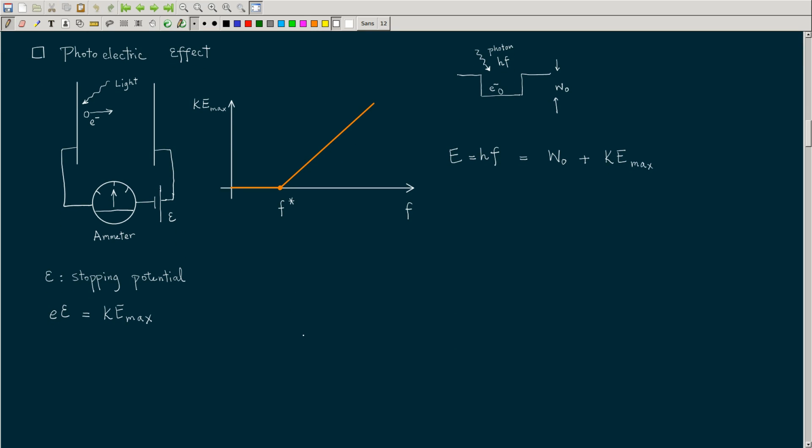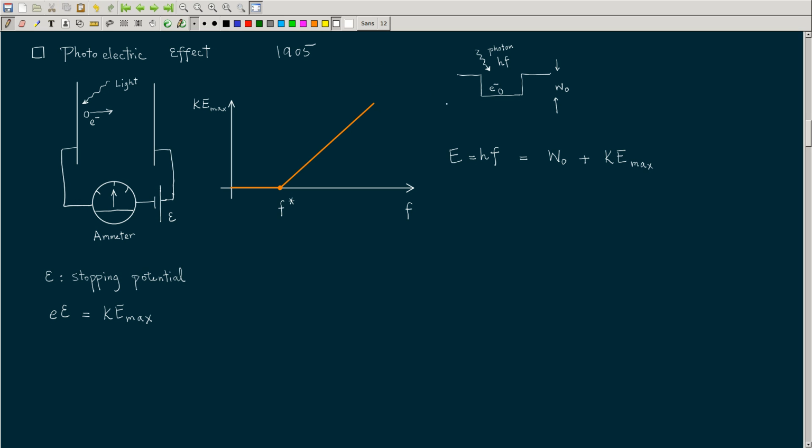Next, the year 1905. Einstein, along with publishing special relativity, published this paper about the photoelectric effect and explained it using the picture that Planck suggested.